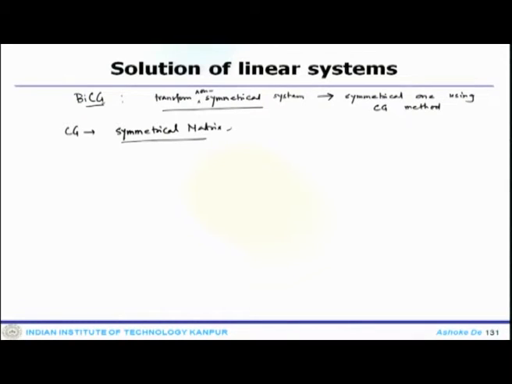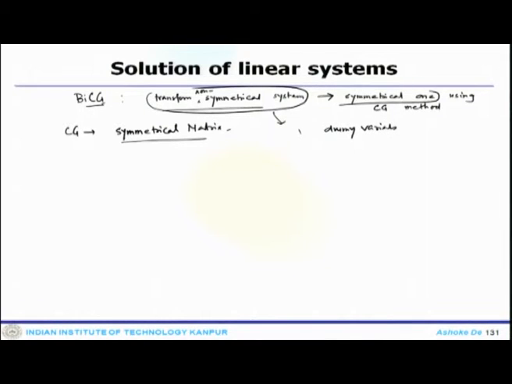So, what you need to do is transform this realistic system to a symmetric one. The way it is done is that you introduce some sort of a dummy variable.